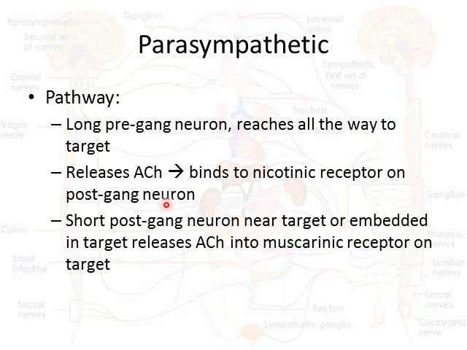That's going to stimulate that postganglionic neuron to have an action potential. And then there's this little short postganglionic neuron that goes right to the target, and that's going to release acetylcholine into the neuromuscular junction if it's smooth muscle, or into the gland junction if it's a gland. And this stimulates a muscarinic receptor on the target tissue. So you need to know that pathway.